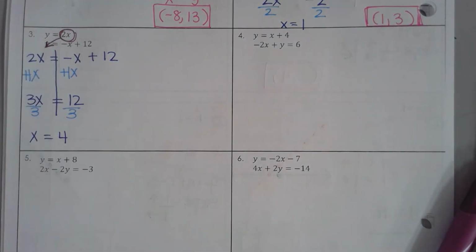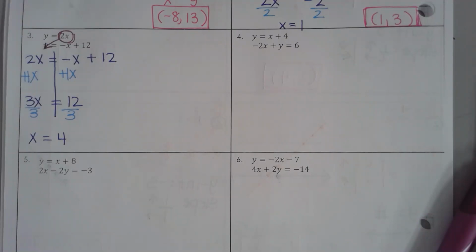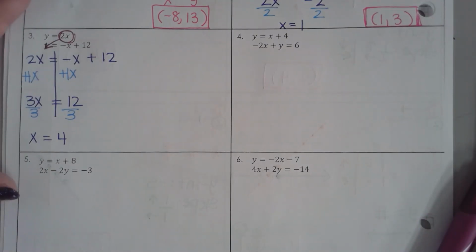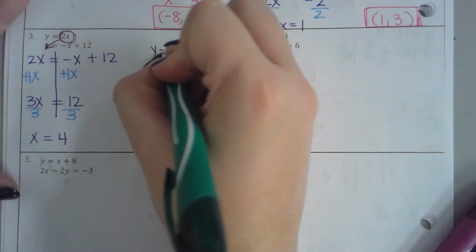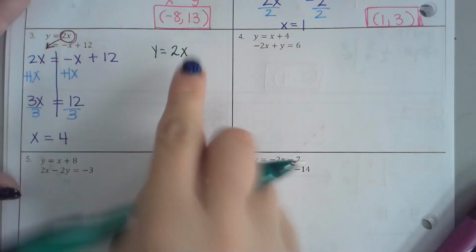X equals 4. Do I know my y? Yeah. What is it? I need a number. Y is not 2, y is not 1. I know that y is 2x.